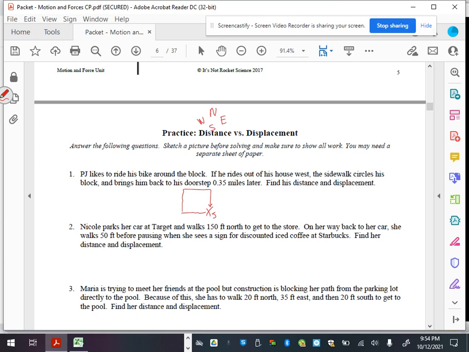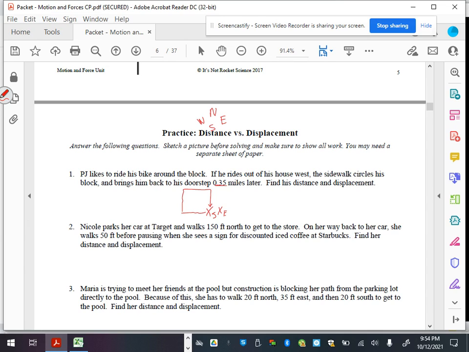And so his ending spot is back to his doorstep. So his XS and his XE are at the same spot. That should tell you something. The total distance around the block was 0.35 miles.